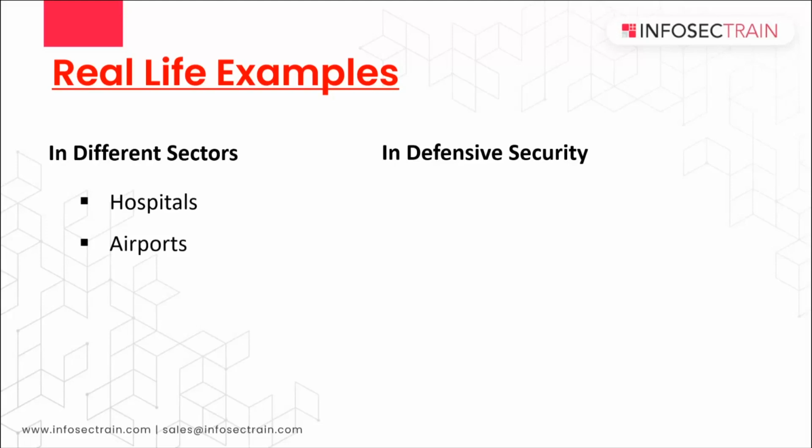Airports use power redundancy to ensure that critical systems such as runway lights, air traffic control systems, and security systems are always operational. They may have backup generators, battery backups, or multiple power feeds to ensure continuous power supply.